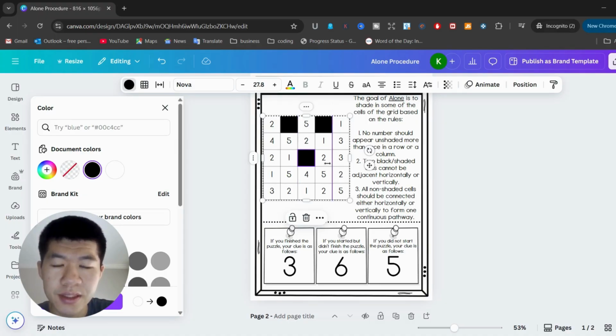So now let's see. If I shade in this cell right here, there are still two twos you can see right here, so I can't shade in this two now. Logically, this one would have to be shaded in.